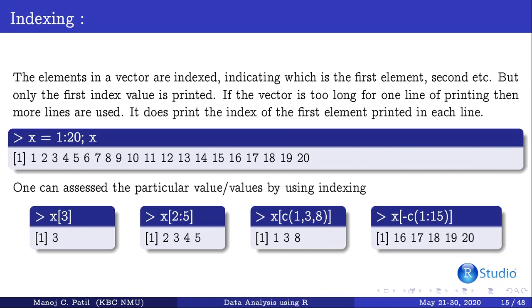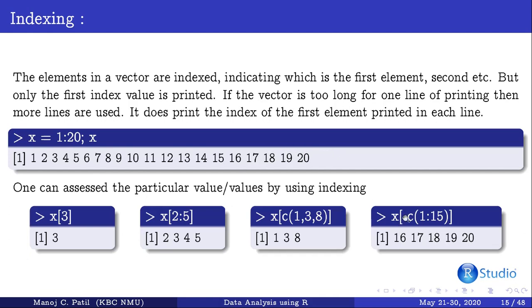We can also go for the minus sign. It will remove elements 1 to 15, and the remaining elements from 16 to 20 will be printed in the next slide.